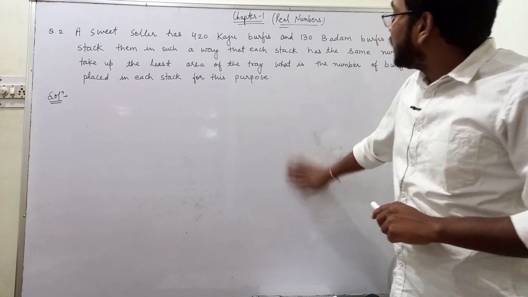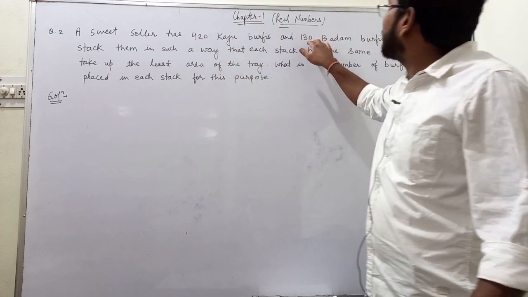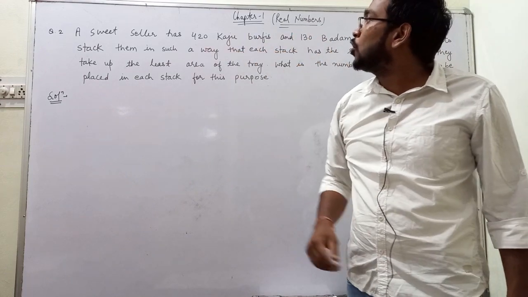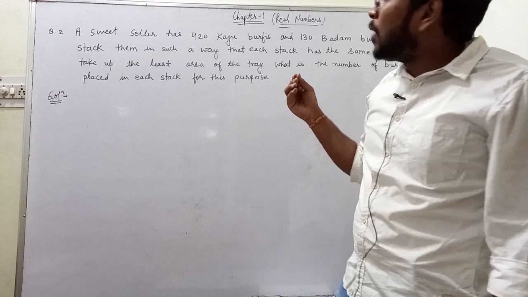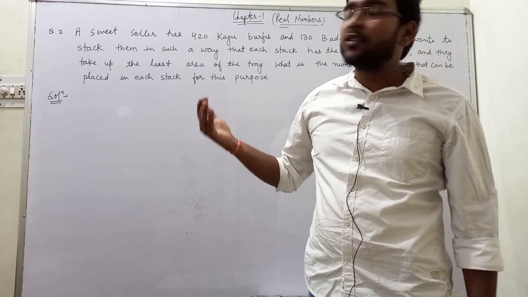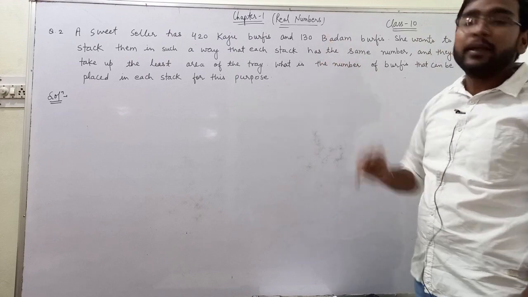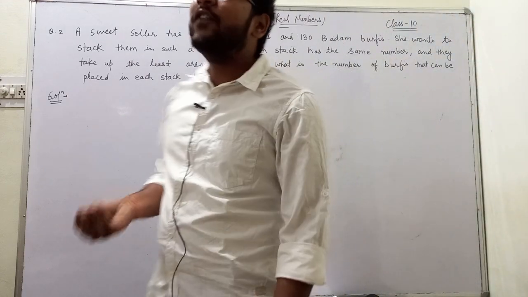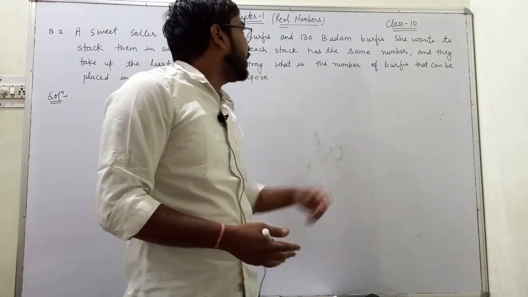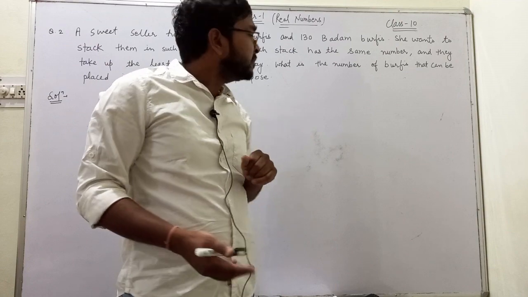But in our problem, the amount of kaju burfis and badam burfis is 130 and 420 respectively. In any case, the number of stacks that the sweet seller organizes will not exceed 130. What purpose does it serve if he had to make 130 stacks to arrange 130 burfis?